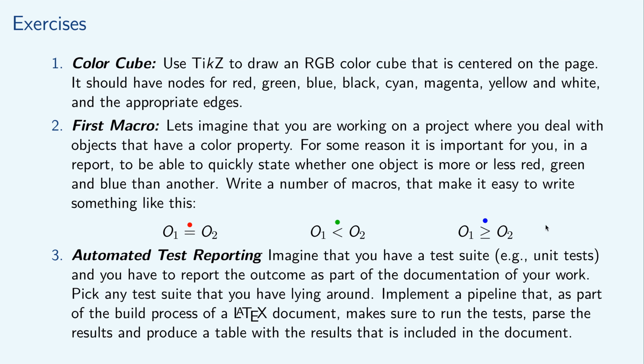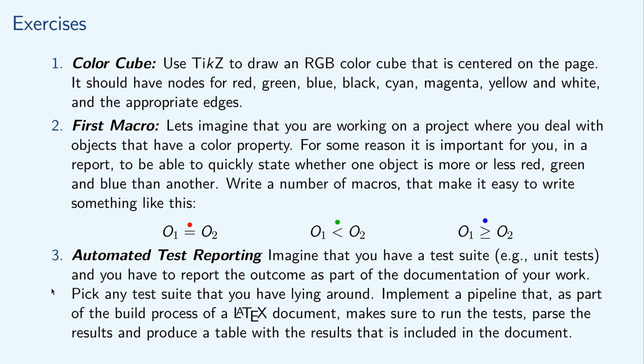Imagine that this is the case, that we want to be able to quickly state that in our text. Then in order to be able to do that, we would like to be able to write these composite symbols using macros. And so the exercise here is to define those macros for equal, less than, greater than, and so on, with these colors. And if you don't know how to put something on top of an equal sign, then look into the code of this presentation and basically steal it.